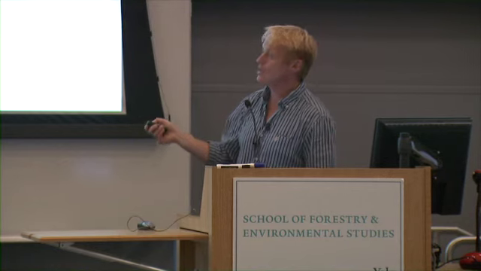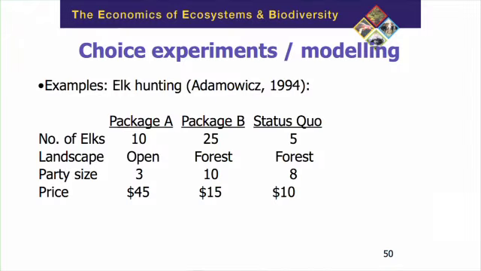And again, you'd get presented with a series of choice tasks where these levels are presented at different amounts. And what you as a respondent might think is, okay, when I go hunting, I like to be in a small group. So that seems quite nice, but it's $45. Maybe that's too expensive for me, so maybe I don't like that after all.